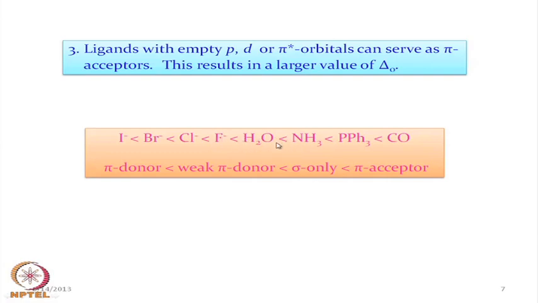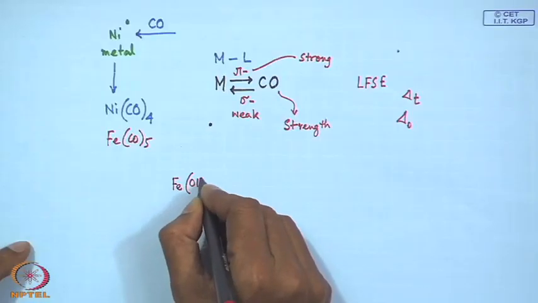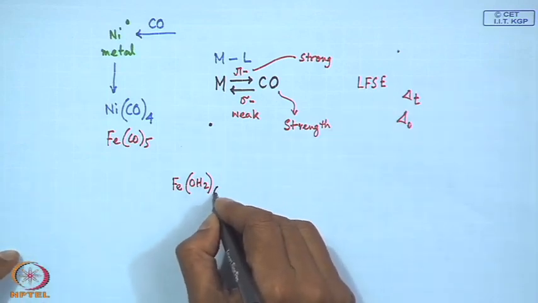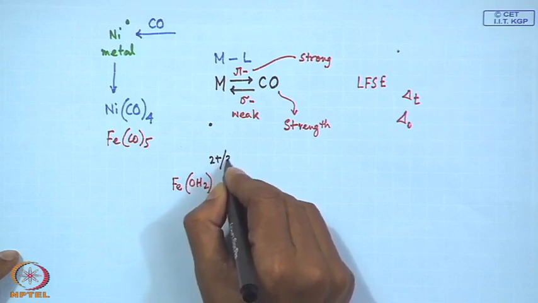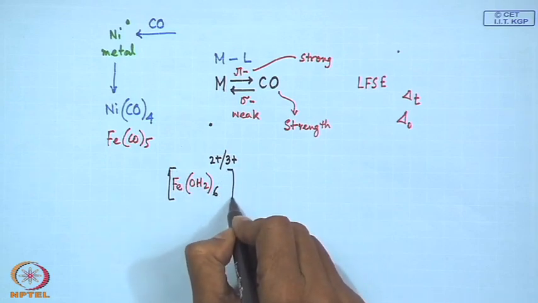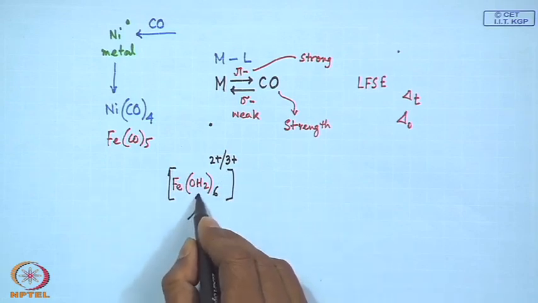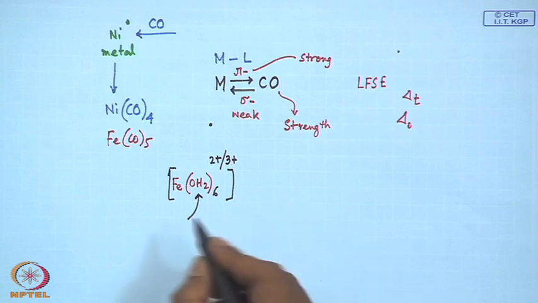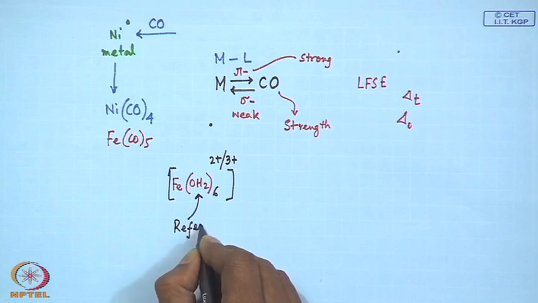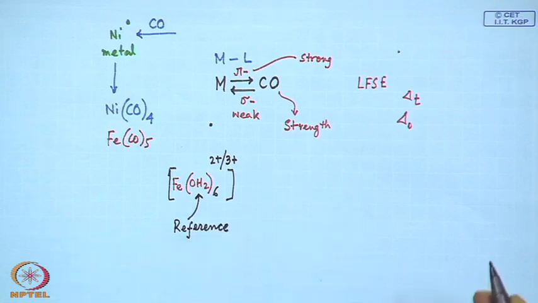So, the standard reference, why we are talking all this in case of the standard ligand? Because of the reaction kinetics and reaction mechanisms we will be discussing shortly, if we have the ferric ion or ferrous ion taking up 6 water molecules, we should always consider this particular ligand strength. So, the ligand strength is the reference for us.